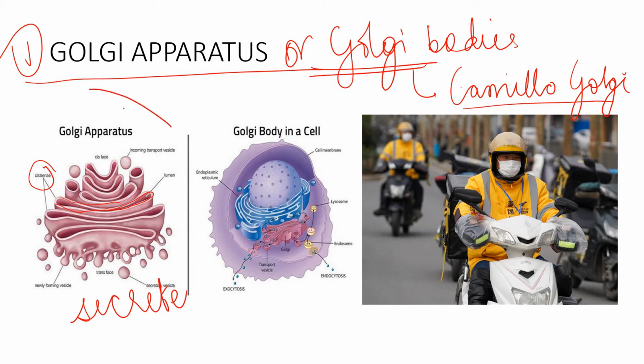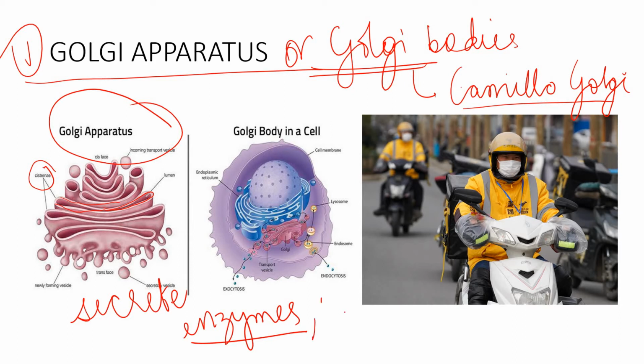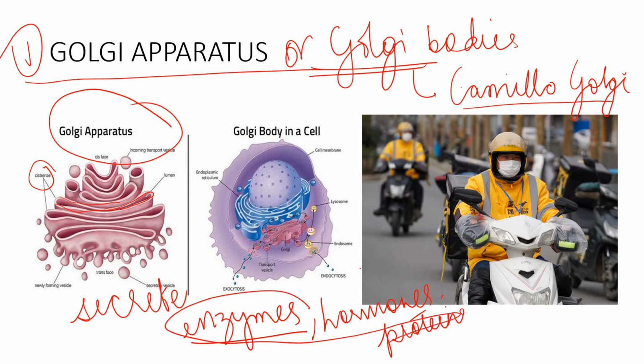So this Golgi apparatus also secretes substances like enzymes, okay. They will form enzymes, then hormones they will form, and also certain proteins they will secrete. Now see, why do they secrete these enzymes, hormones and proteins? Because these enzymes, hormones and proteins help to make the chemical reactions in our body faster.